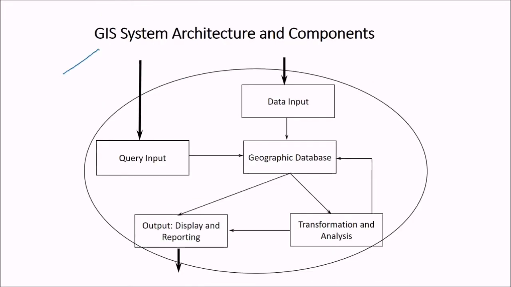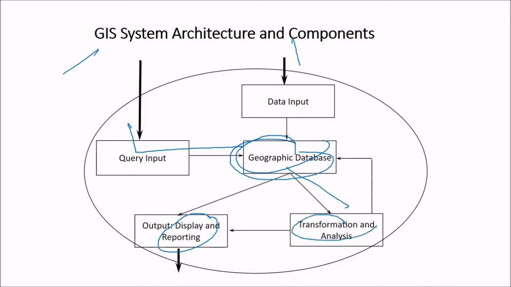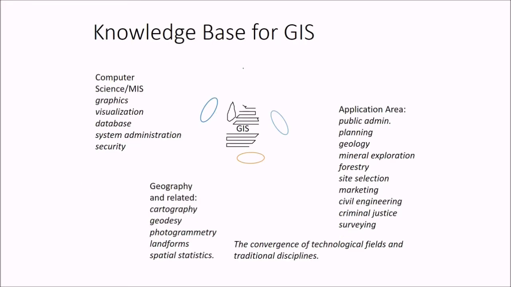So this is GIS system architecture and components. You input the data into the geographic database. You query the input from the geographic database, and from this geographic database, you can output or display or report, and you can also perform the transformation and analysis, and then you can output in the form of some report or maps, etc. So the knowledge base of GIS comes from computer science.